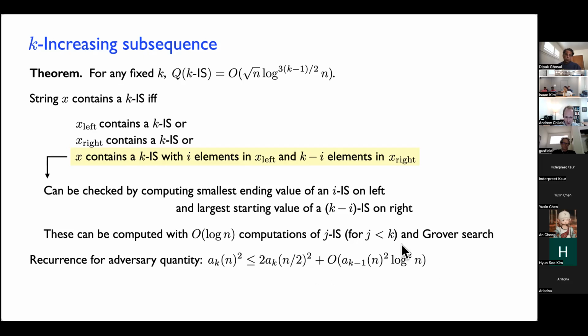Then we also have this additional work that involves solving these subproblems, logarithmically many of them, for increasing subsequence problems of shorter lengths. The worst case is where the length is like k minus 1. If you solve this recurrence, using this as your induction hypothesis, you can show inductively that indeed this is the quantum query complexity of this increasing subsequence problem.